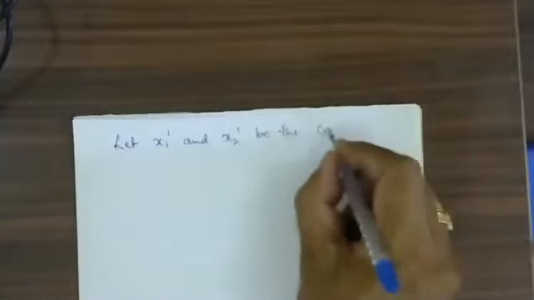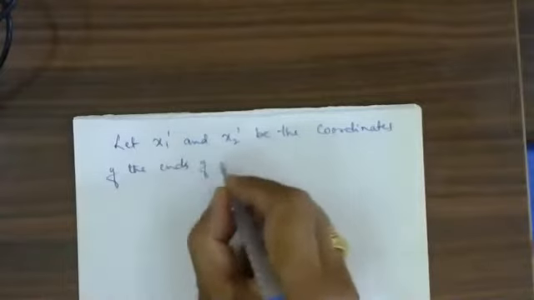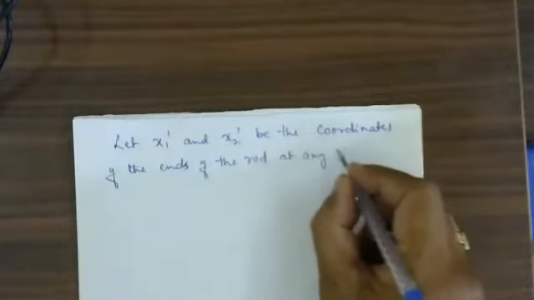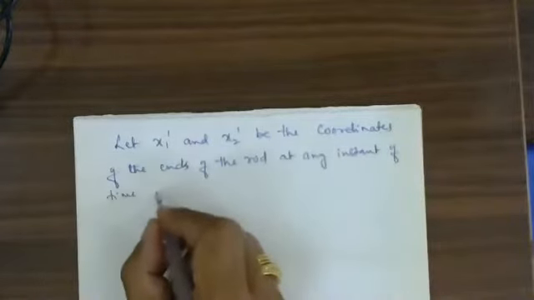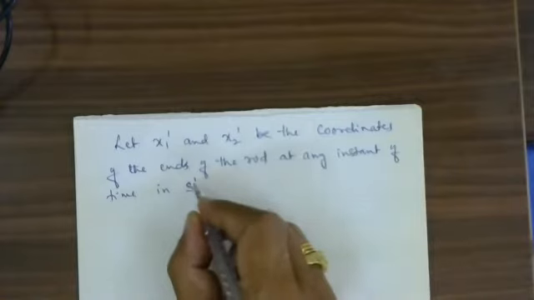Let x1 dash and x2 dash be the coordinates of the ends of the rod at any instant of time, at one particular instant of time, in the S dash frame.